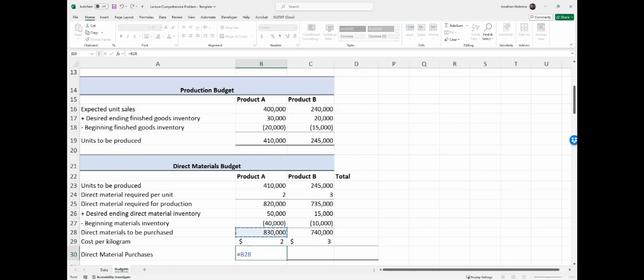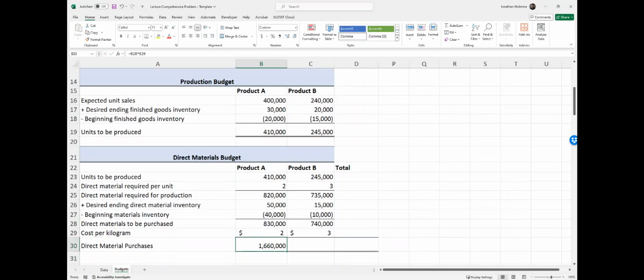So we need 830 kgs at $2 each. That's how much it's going to cost in direct material for product A, and then 2,220,000 for the cost for our product B. So in total, our raw material purchases will be 3,880,000.